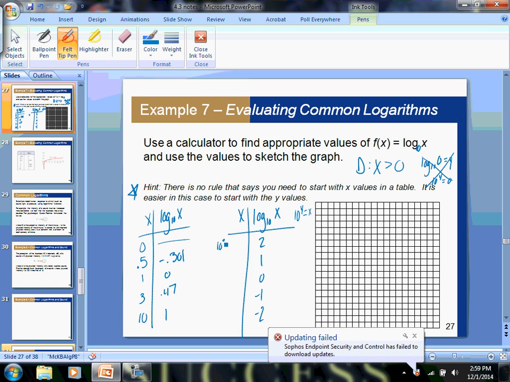So 10 squared, that's going to be 100. So if I take log of 100, I'll get 2. Or if I had 10 to the first power, that's 10.